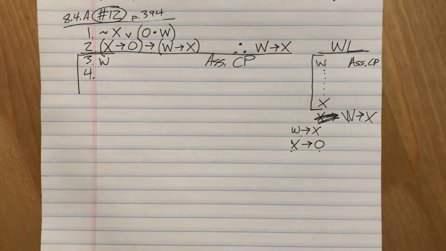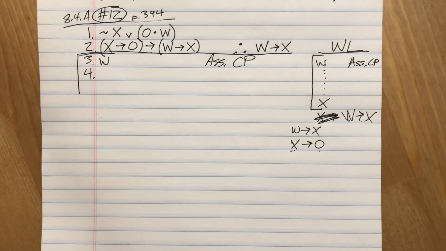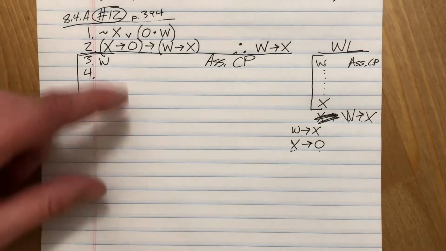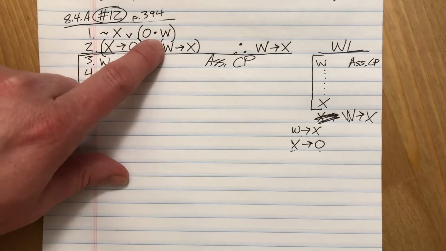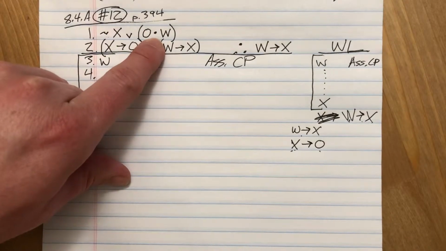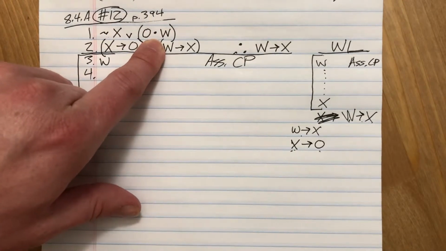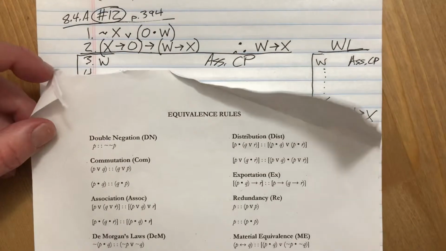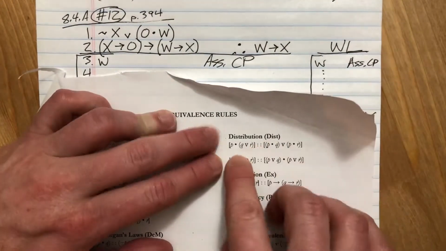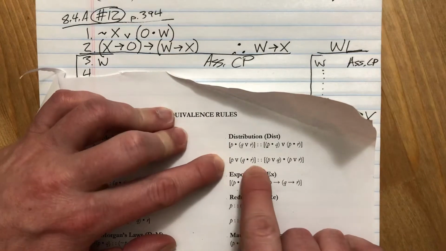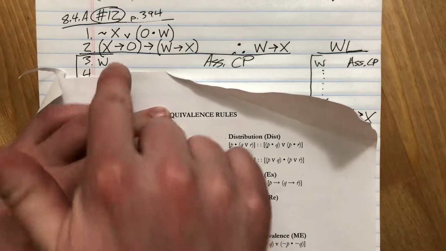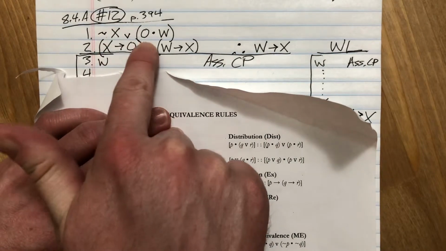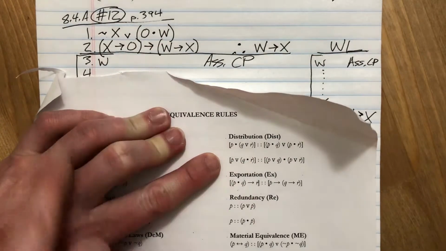If you look through your rules, you might recognize that we have a disjunct, and then on one side of the disjunction we have an and, and that should remind us of a rule of distribution. That's like this version right here, P or Q and R. That's like the P, that's like the Q, and that's like the R.